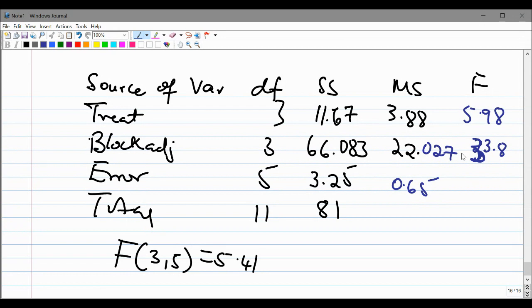You don't have to give me the lambda for both, because I didn't specify. So if I didn't specify, you give me the lambda for the treatment.